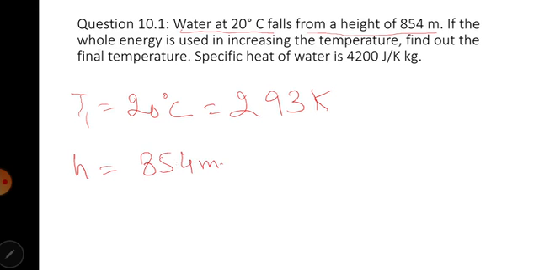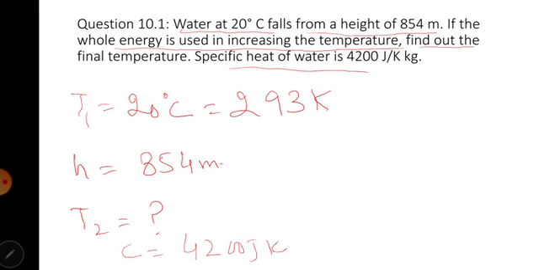Now the whole energy is used to increase the temperature. Find out the final temperature T2? The specific heat is 4200 joule per kilogram per Kelvin.